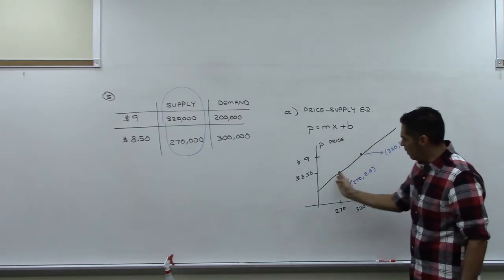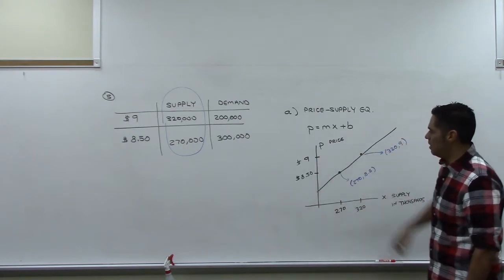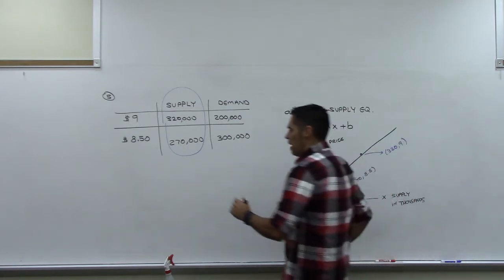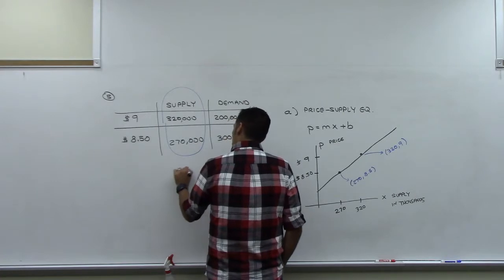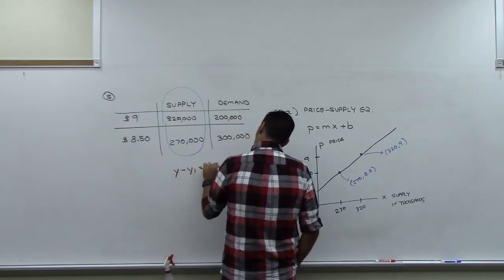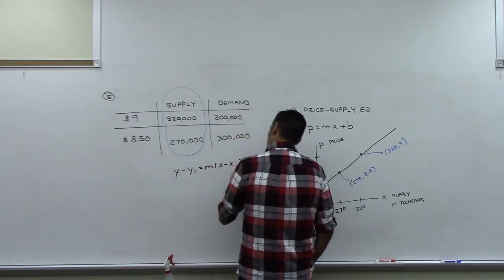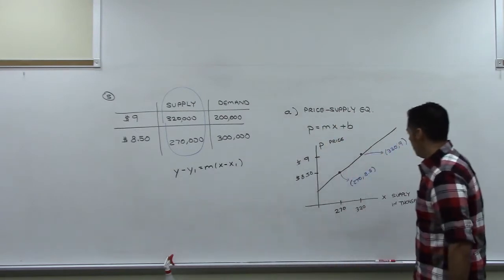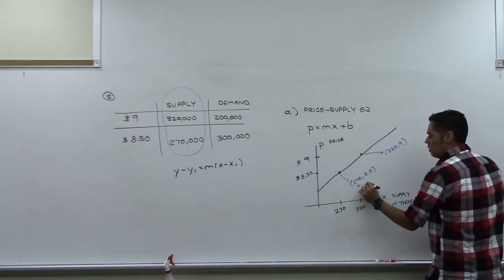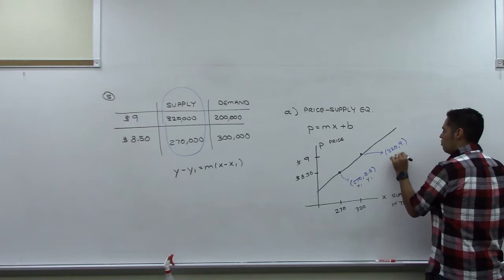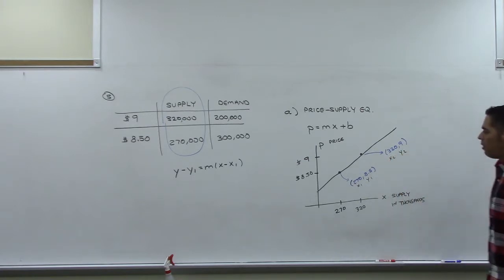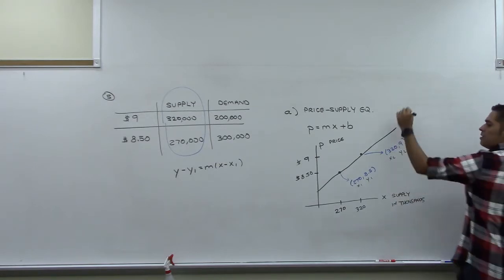Now, unfortunately, we don't know the y-intercept, so we can't just get b right off the bat. So we've got to go back to this good old friend of ours, y minus y1 equals m times x minus x1. And why don't we call these x1, y1, x2, y2. And let's plug things in, and let's find our m right now.